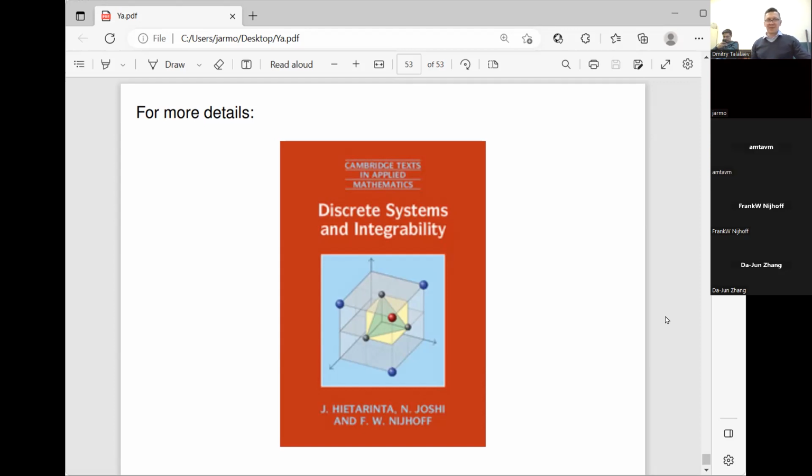Jarmo, what about the self-duality equation? Does it fit in your scheme? It seems to be four-dimensional and integrable. Which one? The self-duality in Yang-Mills theory. Ah, yes. Interesting question, because it can be 2+2 dimensional easily. I don't know.